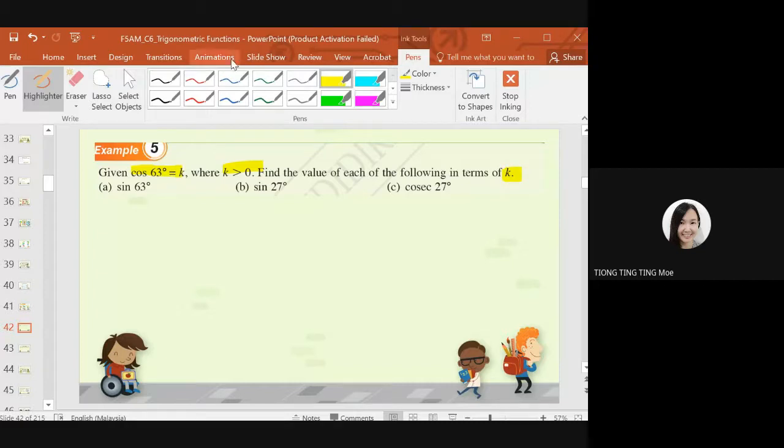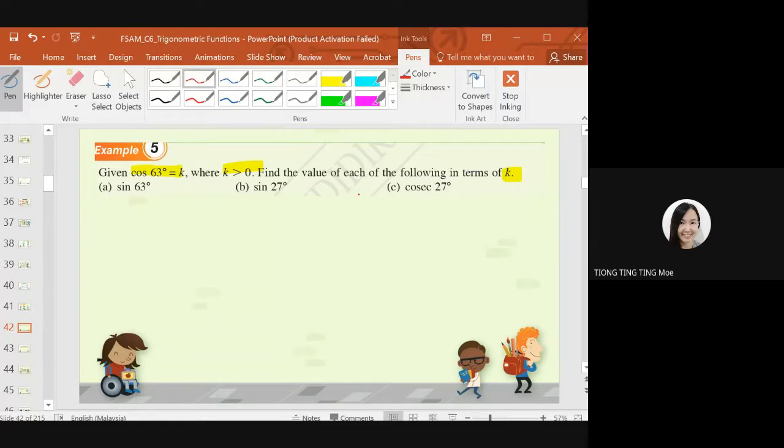The problem is they didn't give the value of k. Difficult. How to do this question? But the question gives sin, cosec. Find k first. Yes, you have to find the relationship between the cos and k. Cos, sin, tangent.